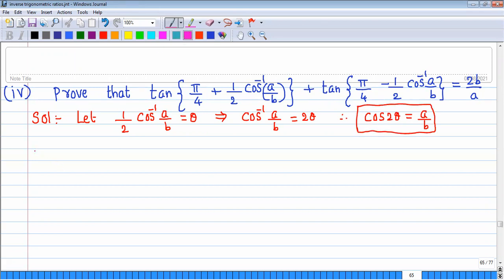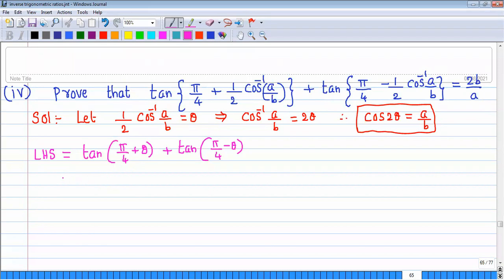Now consider the left hand side. Left hand side becomes tan of pi by 4 plus theta plus tan of pi by 4 minus theta. Tan pi by 4 plus theta is the tan of A plus B formula only.